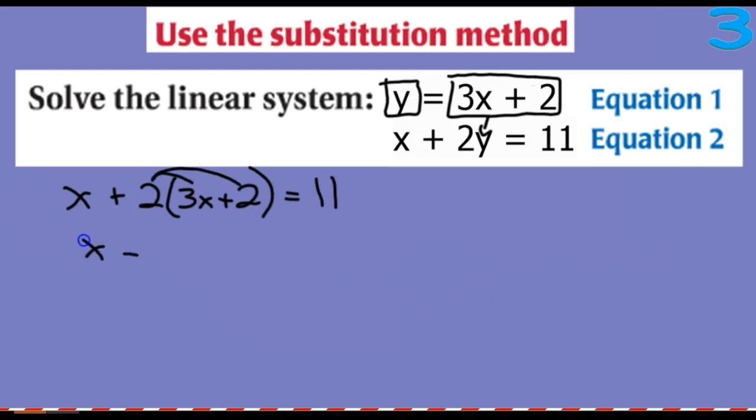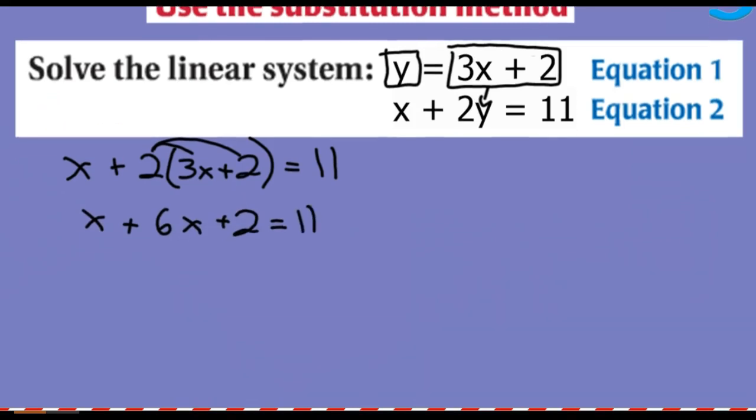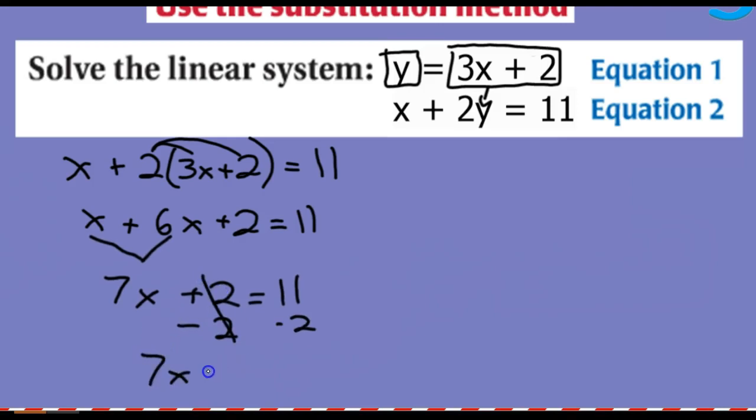So we have x plus 2 times 3x gives us 6x plus 2 equals 11. 2 x's can be combined to 7x plus 2 equals 11. So we get 7x equals 11 minus 2, which is 9.